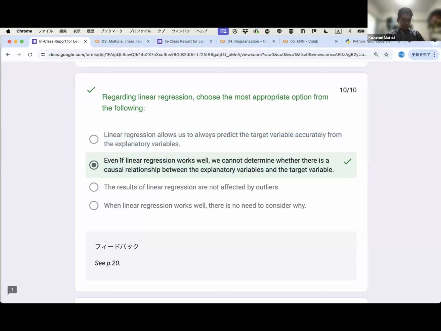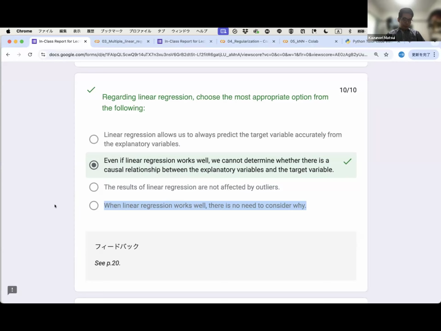Therefore, even if linear regression works well, we cannot determine whether there is a causal relationship between the explanatory variables and the objective variable. So this is correct. Also, the results of linear regression are affected by linearity, and when linear regression works well, we must carefully consider the reason for this.